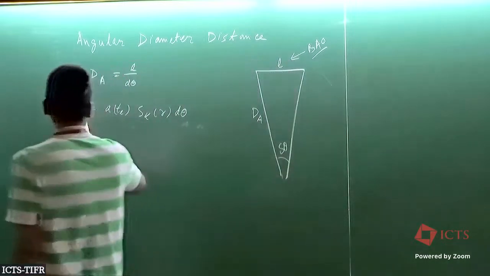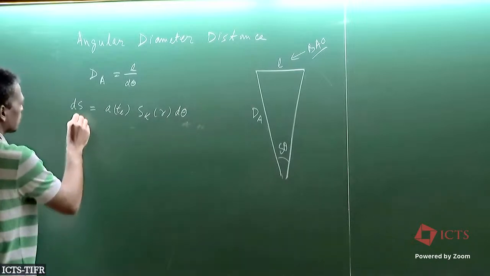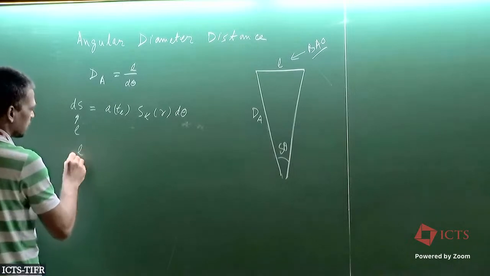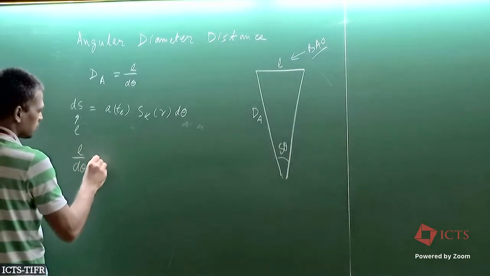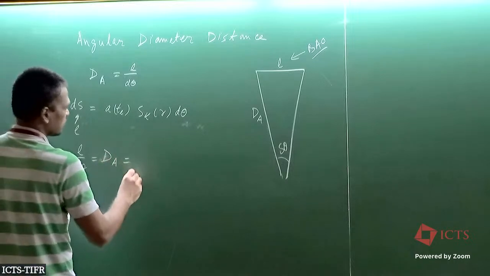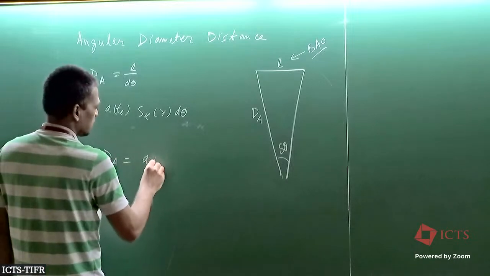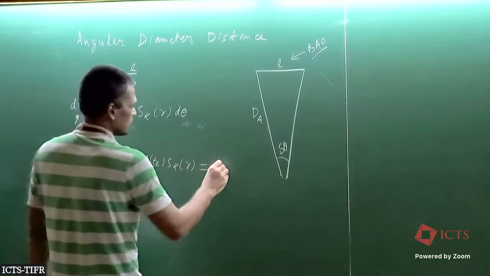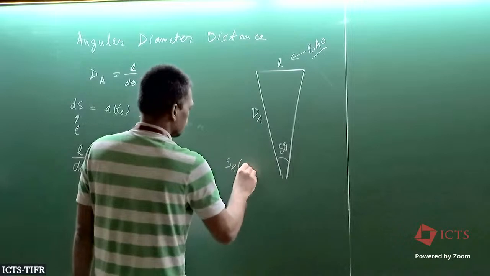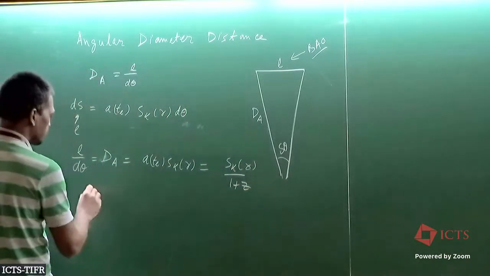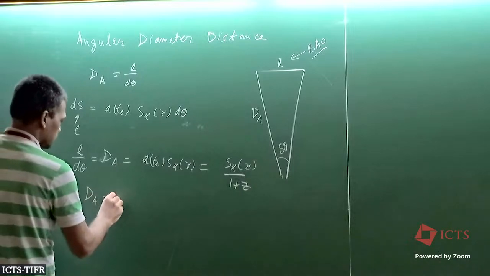Now ds is known to be L, so I can substitute ds with L, and I can write L over d theta, which equals d_A, the angular diameter distance, which is essentially a(t) times S_k over r, and a is nothing but 1 over 1 plus z.